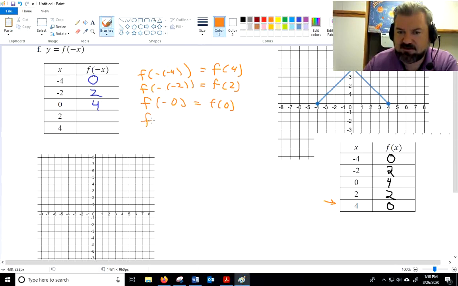Next I got to do f of -2. Well, that's not too hard to simplify. It's already done. f of -2 is 2. And lastly, I have to do f of -4, which is 0. And we plot the points. -4 went to 0. -2 went to 2. 0 went to 4. 2 went to 2. And 4 went to 0.